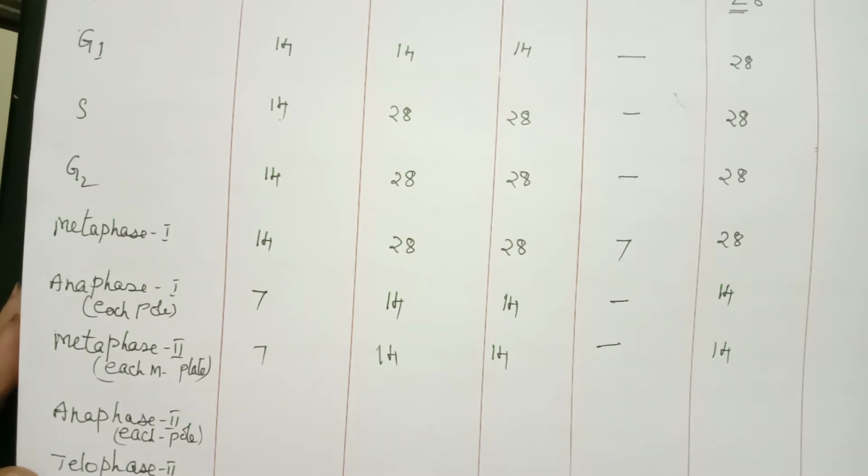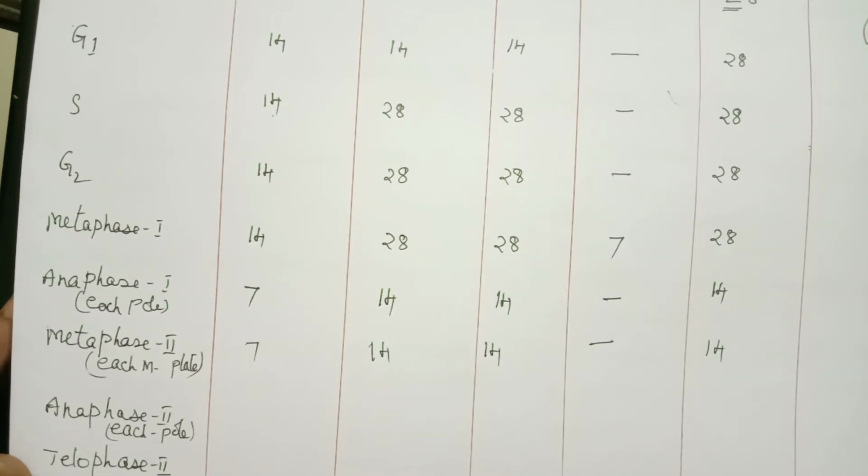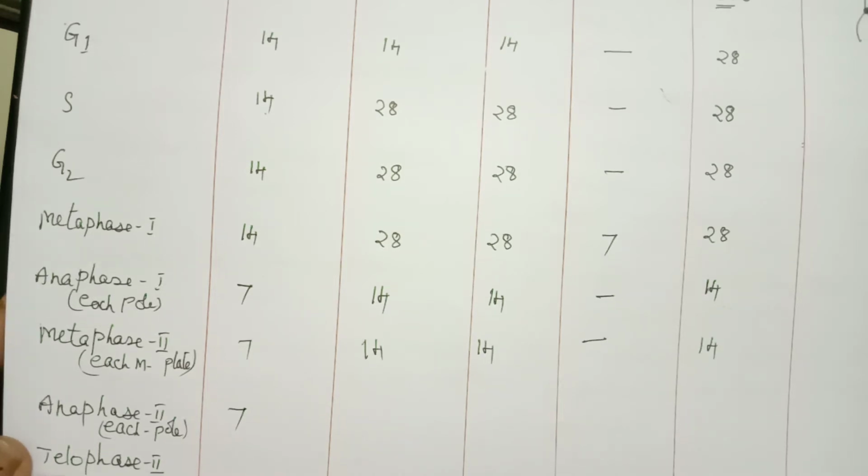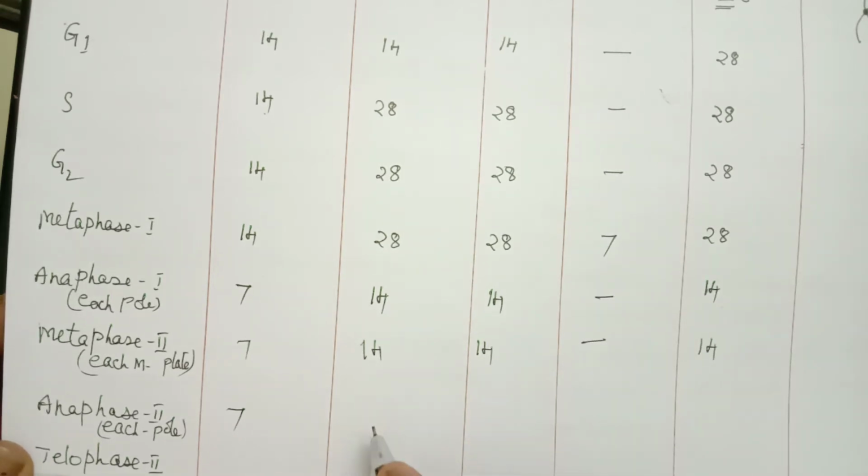Each pole, if we consider, will have half the number of chromosomes, that is 7 chromosomes. But since there is chromatid separation, each chromosome will have only 1 chromatid, because in anaphase 2 there is separation of chromatids. So 7 chromatids, therefore 7 DNA molecules.